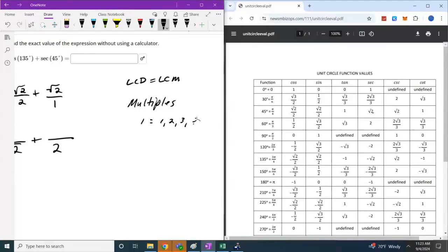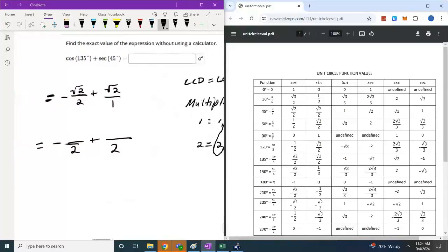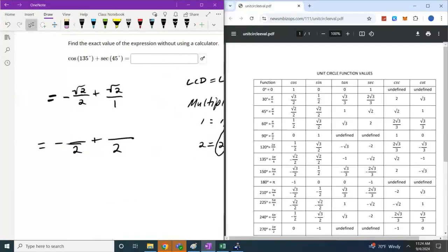That'll keep on going forever. If I write all the multiples of 2, 2 times 1 is 2, 4, 6, 8, that keeps on going. I want the least common multiple, so the number that occurs first is 2. So the least common denominator between 1 and 2 is 2. I just mapped that out. 2 is my denominator.